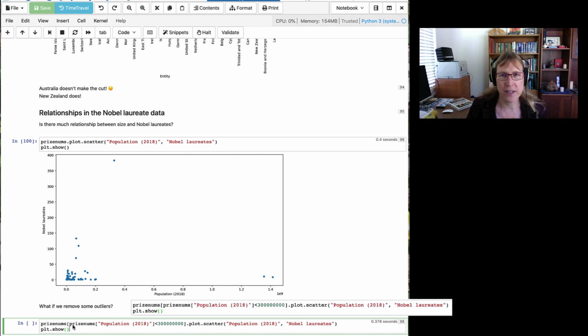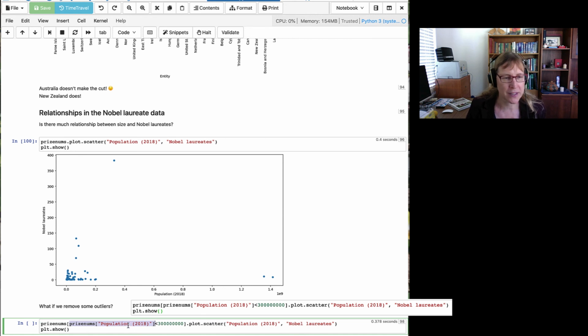Again, we're going to use that same structure that we used before. As I said, this is quite a common structure. So very, very convenient and quite powerful. So here we're taking out our population as a series. We're comparing that with 3 million. We get true for those that are smaller.